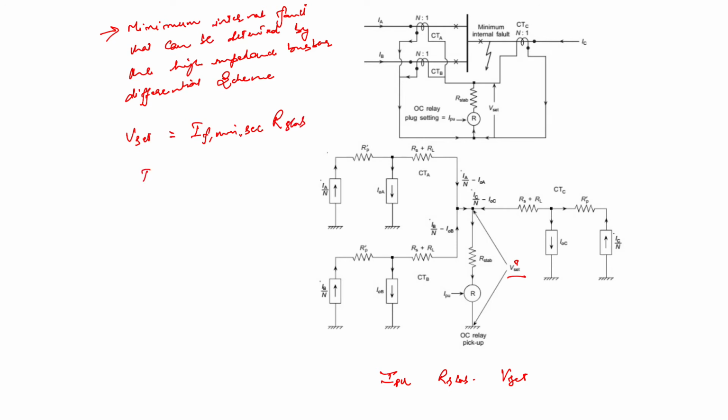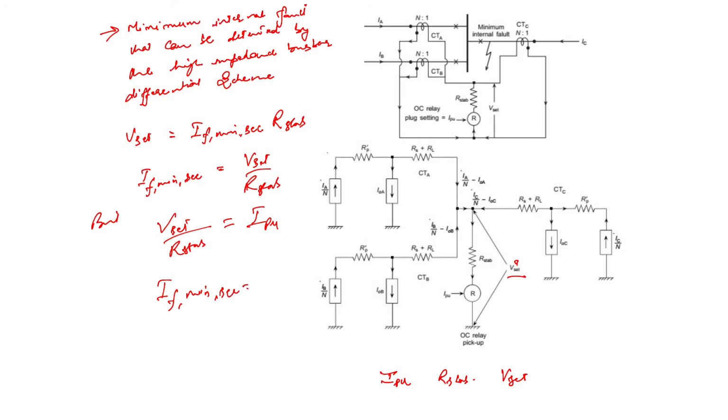So we can say that IF minimum secondary is equal to V set divided by R stabilization, and V set divided by R stabilization is equal to I per unit, and so you can say that IF minimum secondary is equal to I per unit.